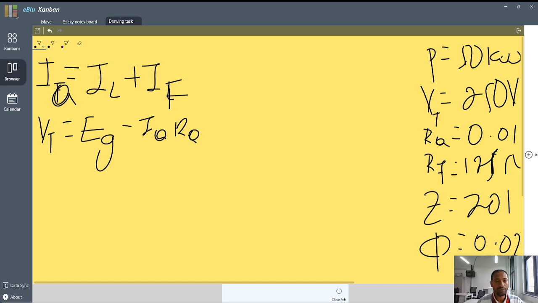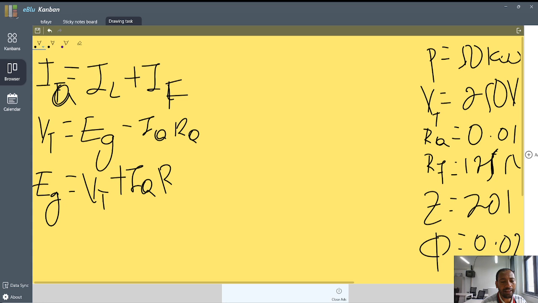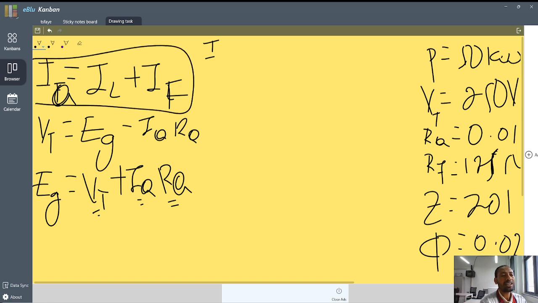The generated voltage EG. From this equation, EG is going to be VT plus IA RA. We know RA, and we know VT, but we don't know IA. IA is the summation of IL plus IF, so we need to get IL and IF separately.